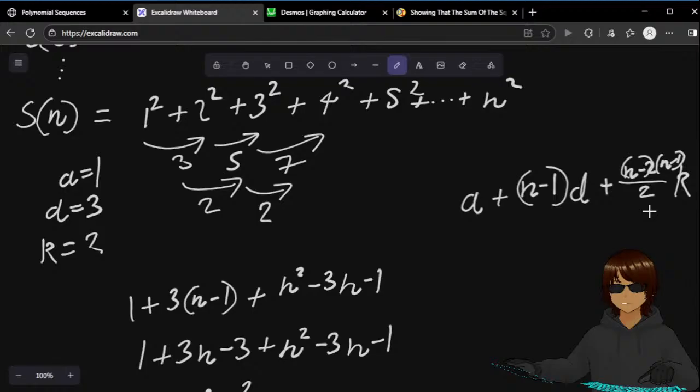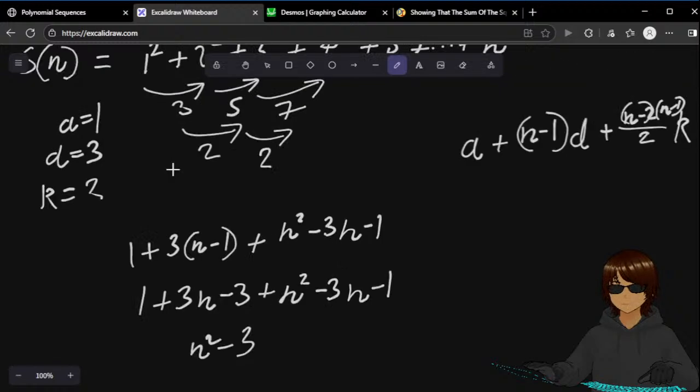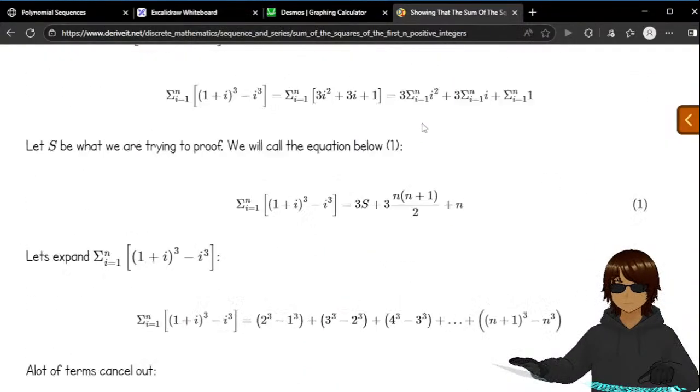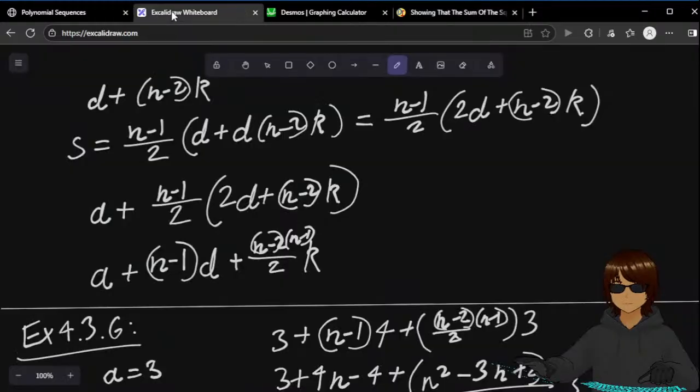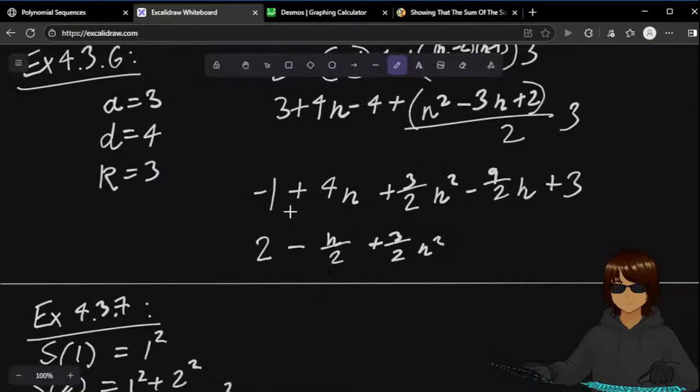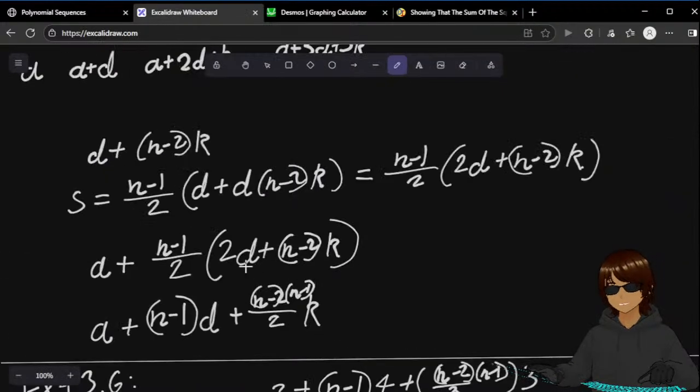If k is 2, d is 3, a is 1. Is this equation wrong?